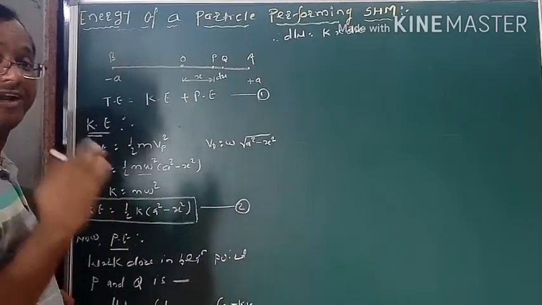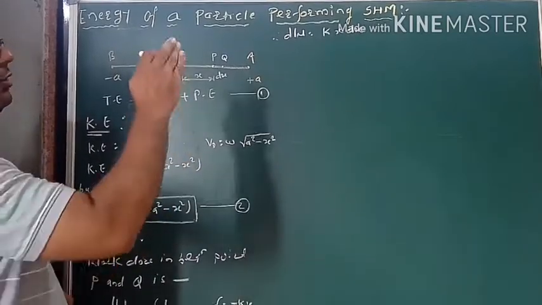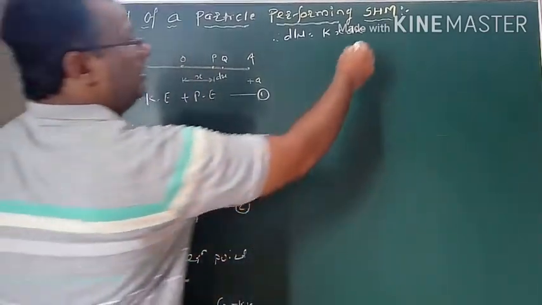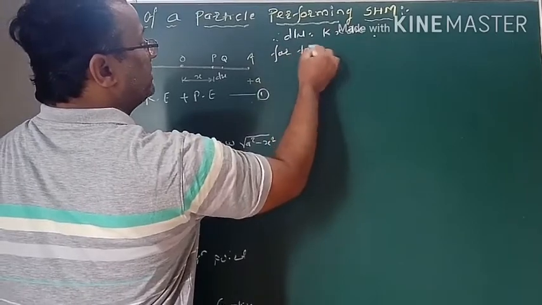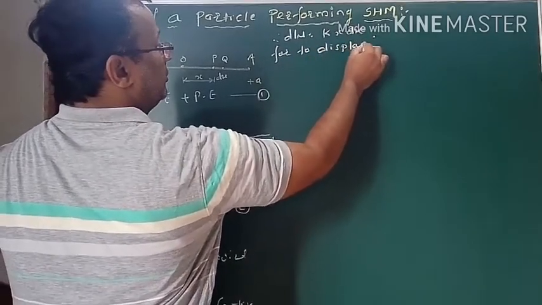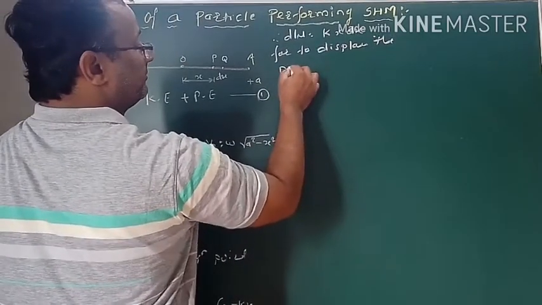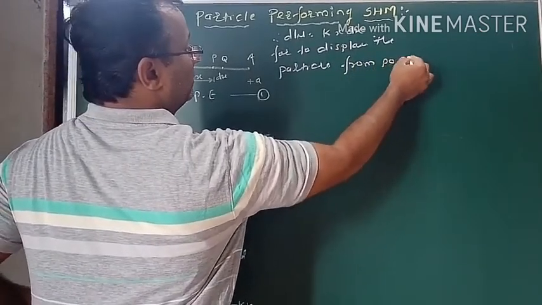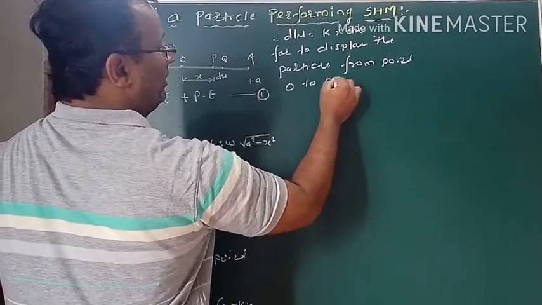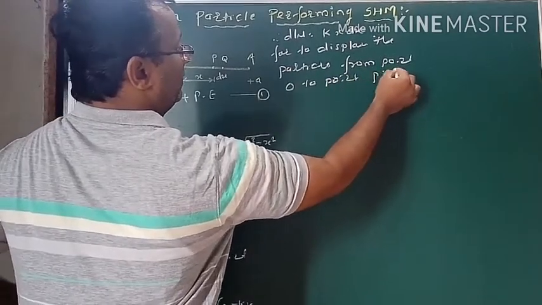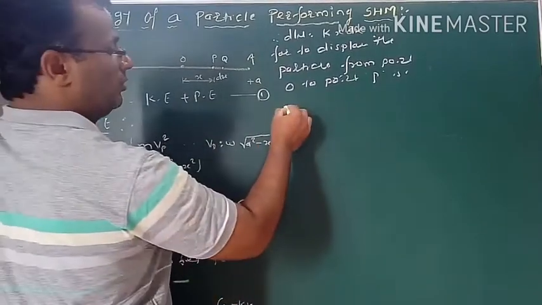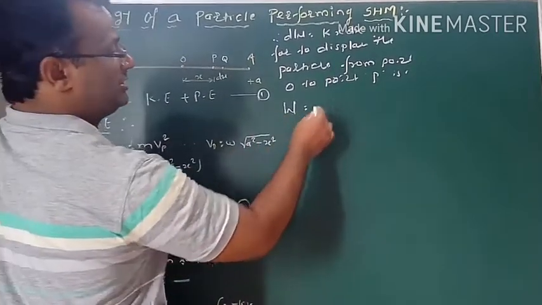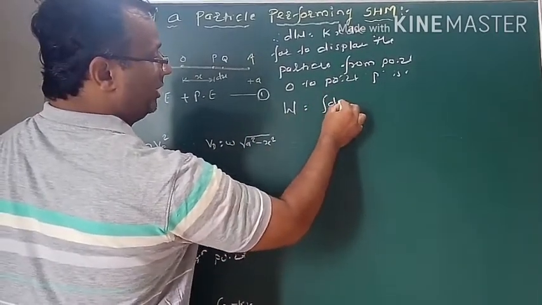But here our target is to find out the work done to displace the particle from point O to point P. So the total work done, which is represented simply by W, is equal to the integration of dW.